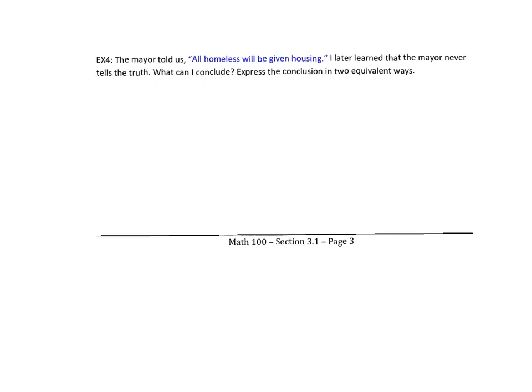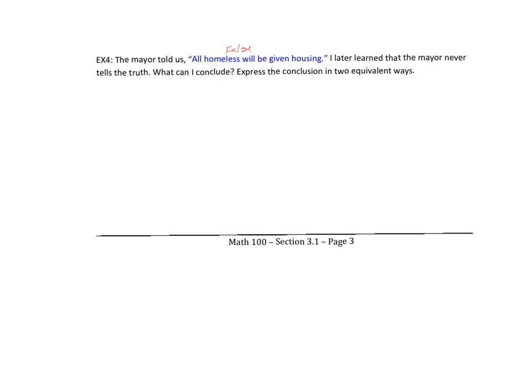Let's look at example 4, and then we'll let that go on the back burner for now. You can follow the template if you don't get why these are negations of each other. Example 4 says the mayor told us all homeless will be given housing. I later learned that the mayor never tells the truth. What can I conclude? Well, what you can conclude is this statement is a lie, right? So this statement is false. So I can conclude that its negation will be true.